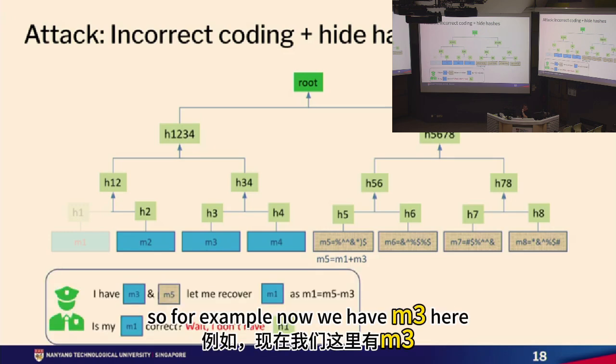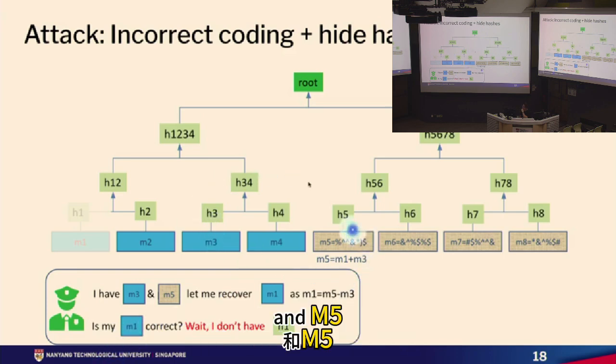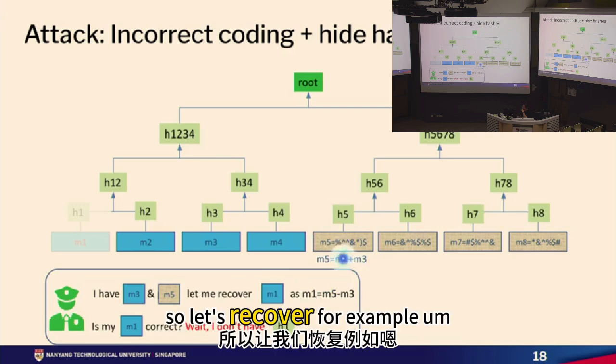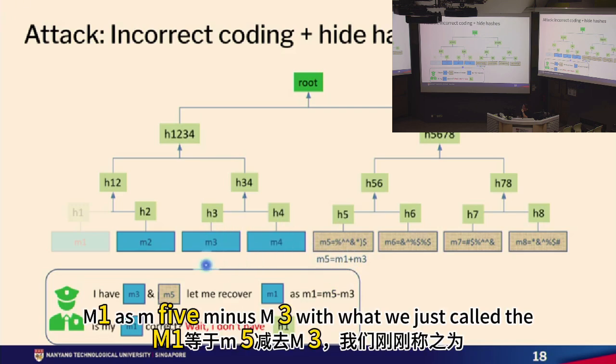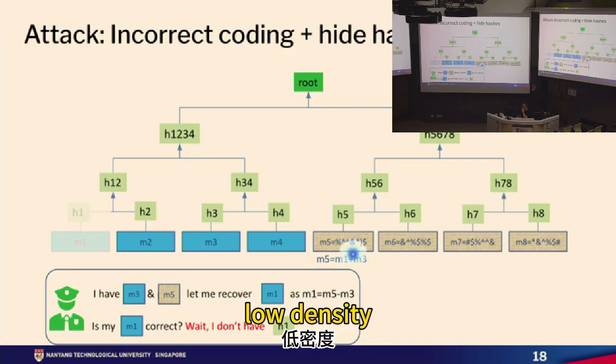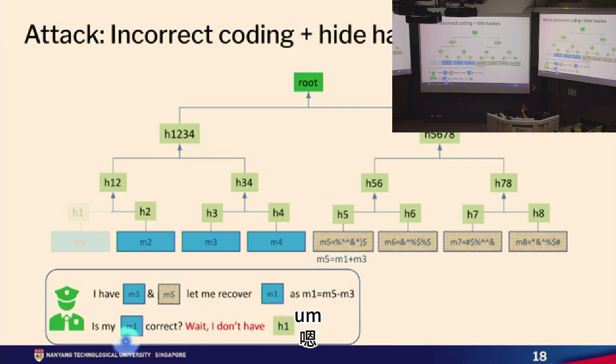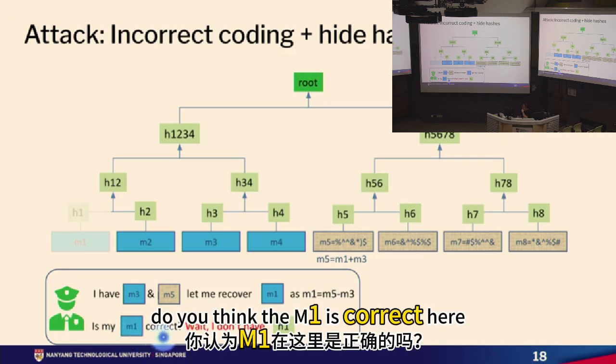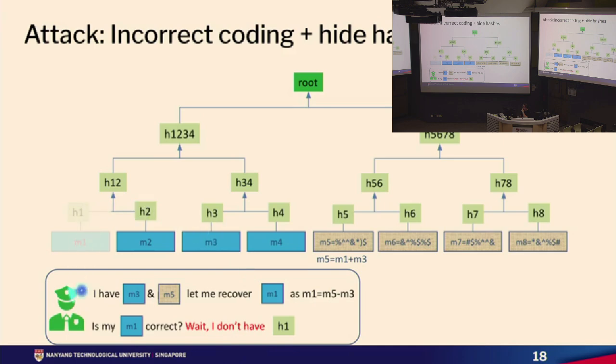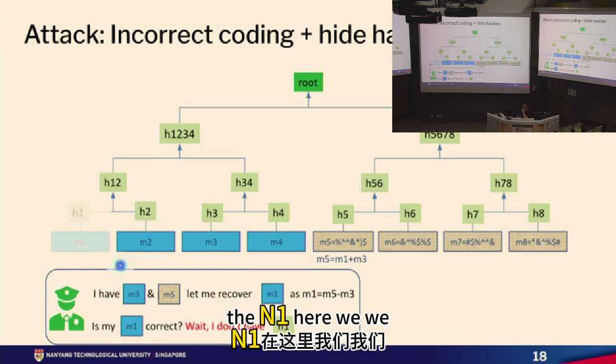For example, now we have M3 and M5. Let's recover M1 as M5 minus M3, with what we just called the low density decoding mechanism. Do you think M1 is correct here?